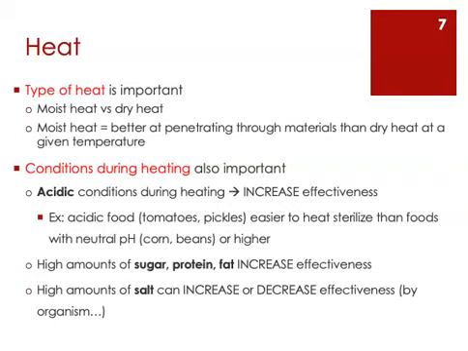Interestingly, high amounts of sugar, high amounts of protein, and high amounts of fat in a food will also increase the effectiveness of the heat. We talked a little bit about sugar being a chemical condition that works against the growth of bacteria.